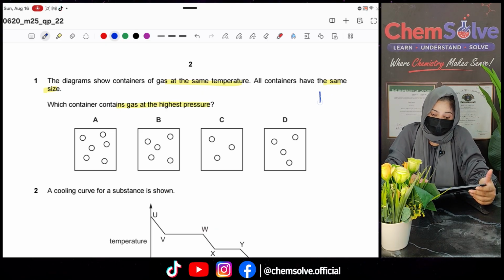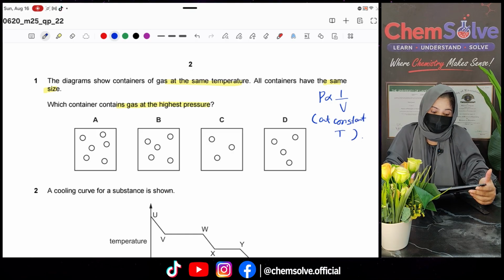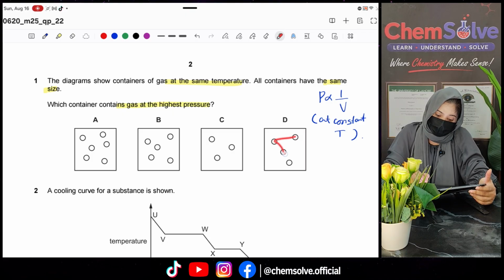So pressure and volume are inversely proportional to each other at constant temperature. So if you see, there's much space between the particles like this. And here there's even more space between the particles.